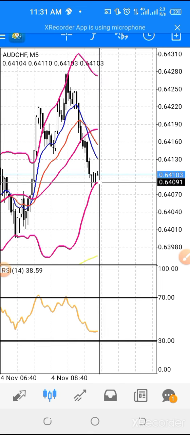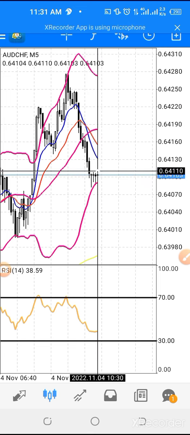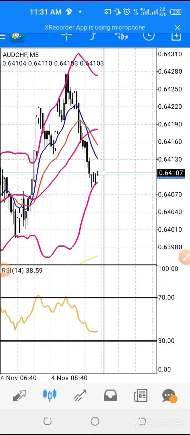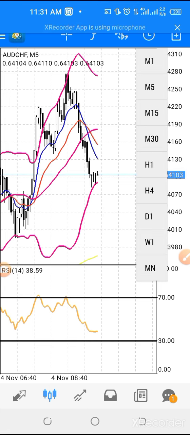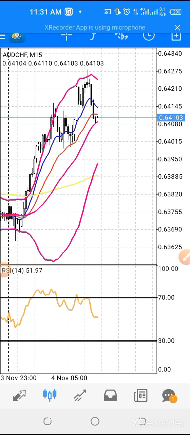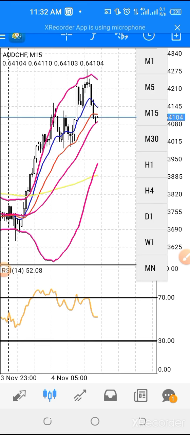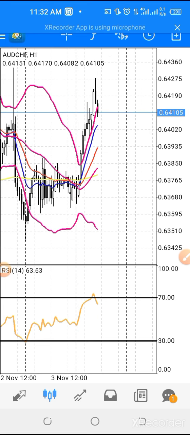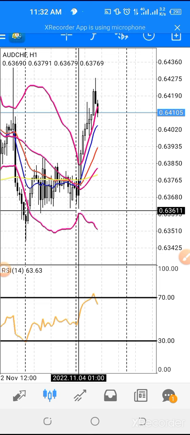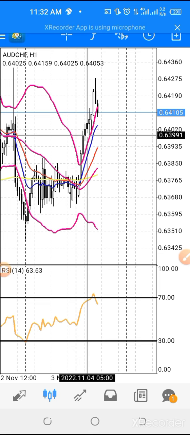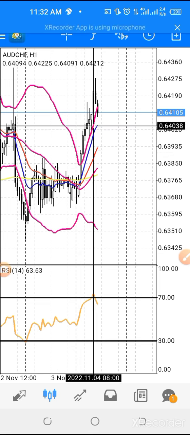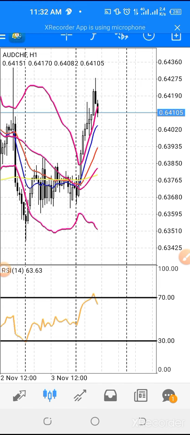So after 5 minutes, it will close for a new one to open. Same applies to all the various time frames, the 15 minutes, the 1 hour, the 4 hours, and the daily. So for 1 hour, each of these candles forms within 60 minutes. At the end of 60 minutes, they will close for a new one to be formed.